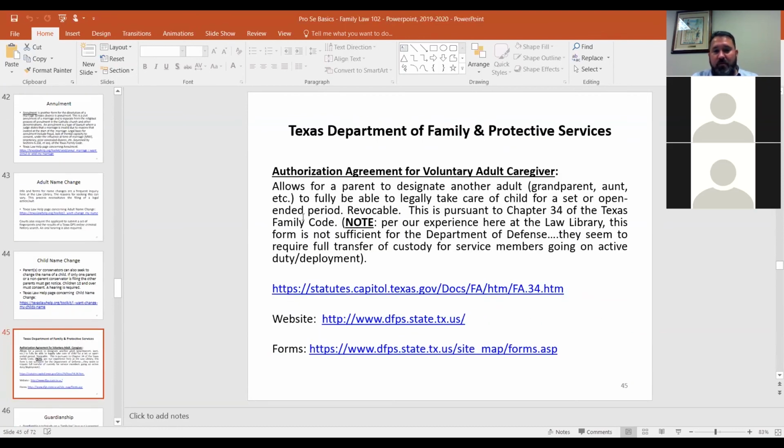Texas Department of Family and Protective Services, they have a means through Chapter 34 of the Family Code where you can designate an adult caregiver for your child temporarily. I know some of the circumstances that happens is, say, if there's a parent that needs to go to rehab and they need to give other people control of their kid and power over the aspects of that child's life, education, medical care while they're doing that.